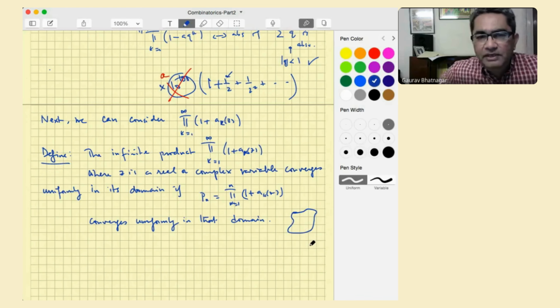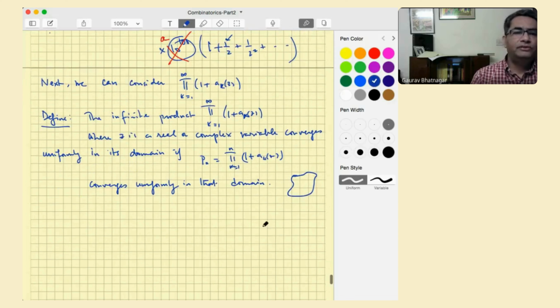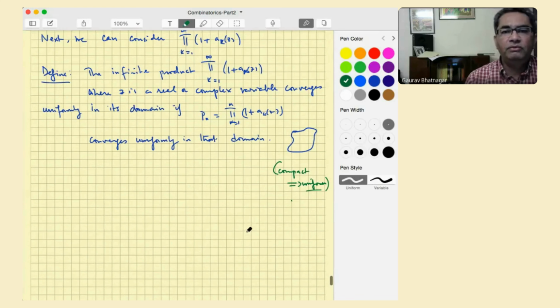If we know, roughly speaking, it converges, and we know that if it converges pointwise in a compact set, then it converges uniformly. So that's also very helpful. I think you know all this stuff, right? So things become easier when it's a uniform convergence, and that's the reason we are doing it.